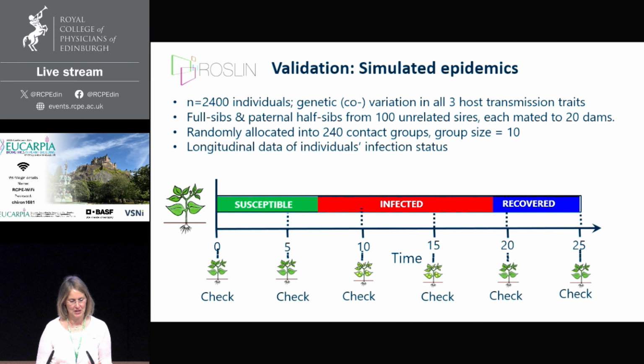We had a nice population structure, so full sibs and paternal half sibs, very common to many livestock species. And we know from our simulations that for estimating infectivity we need small groups, so we had many small contact groups. So it's kind of an ideal data set. And we assumed that we had longitudinal data of individuals' infection status without error.